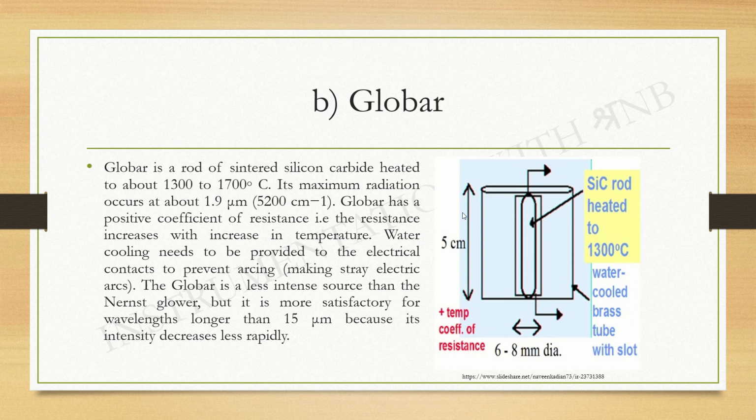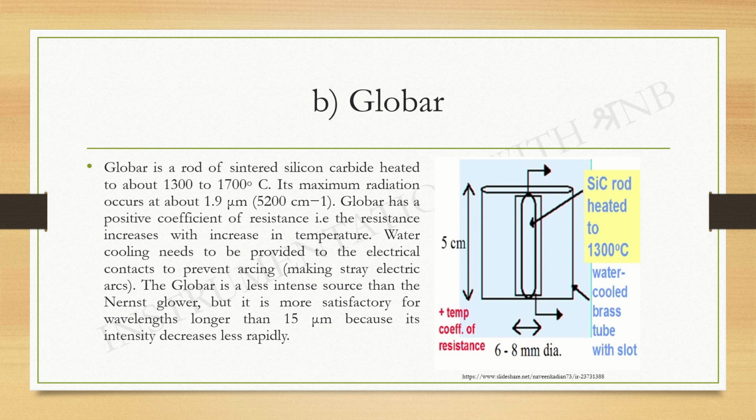The second source of radiation is the globar. In the Nernst glower, the rod is made up of rare earth oxides. Now here, the rod is made up of sintered silicon carbide that is heated to about 1300 to 1700 degrees Celsius. So it possesses a positive coefficient of resistance. Unlike the Nernst glower, here the resistance increases with increase in temperature.